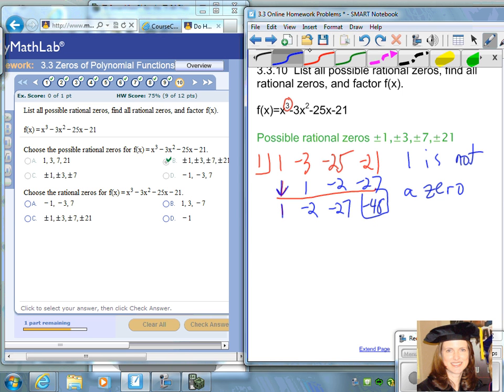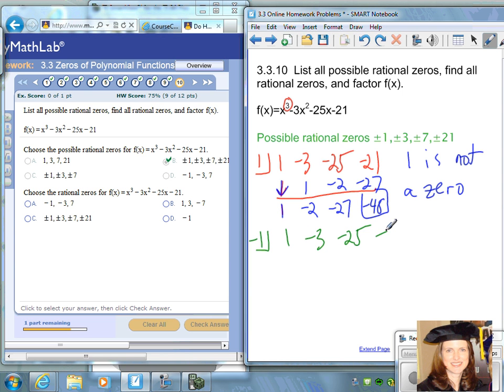Let's try a negative 1. Using the setup, okay, bring down the 1, times negative 1, negative 1, negative 4, that will be a positive 4, a negative 21, and a positive 21.